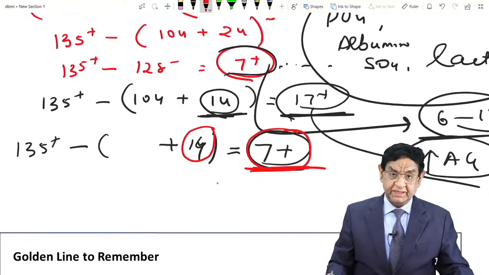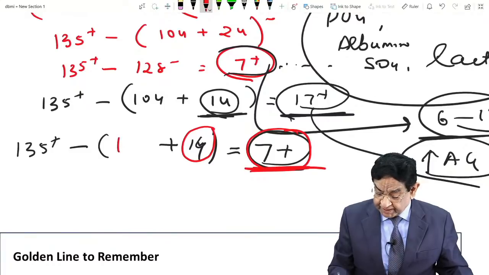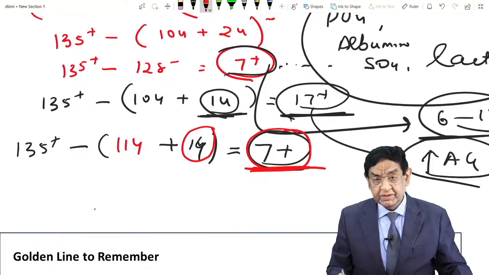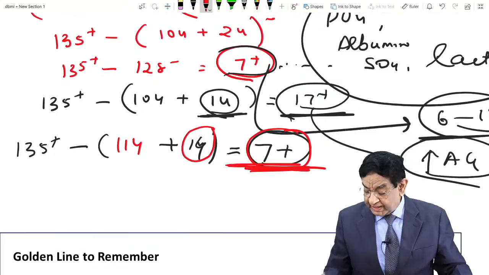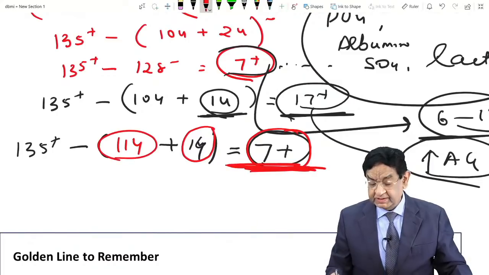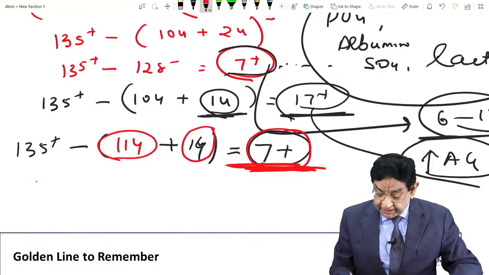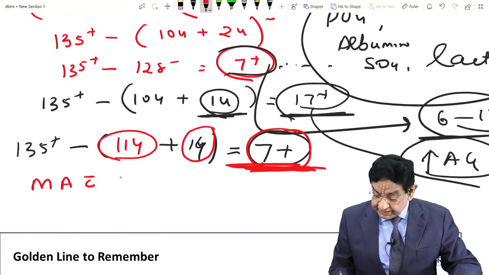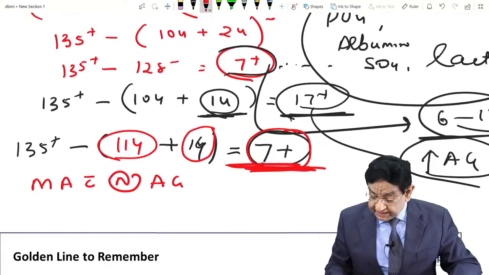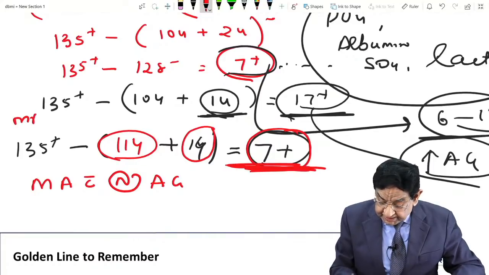Yes, if chloride becomes 114. So here we are getting a normal anion gap, but at what cost? 114.